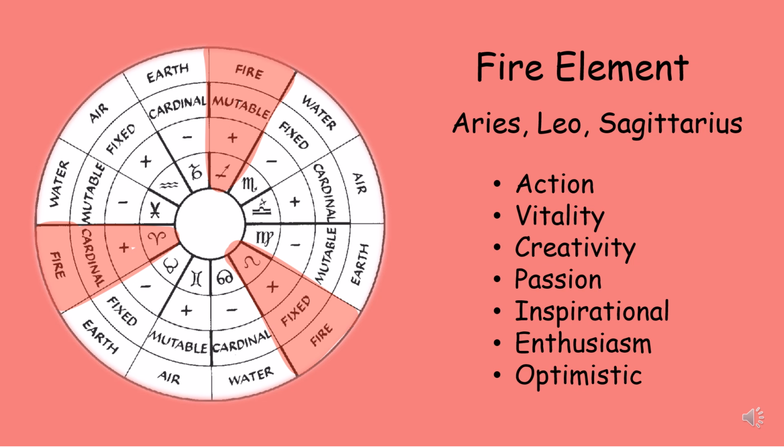The first of the 4 elements is that of fire, and the 3 astrological fire signs are Aries, Leo, and Sagittarius. Some of the characteristics of fire and fire signs are that they are action-oriented.